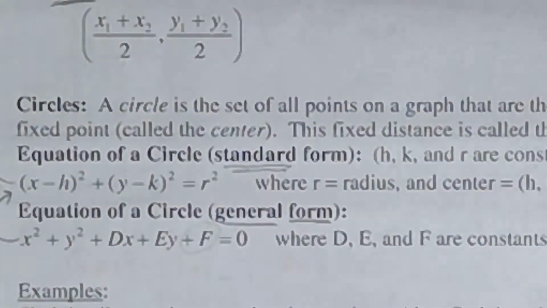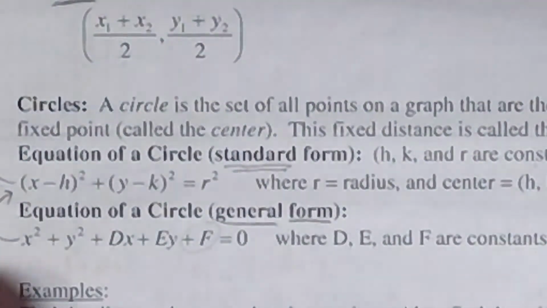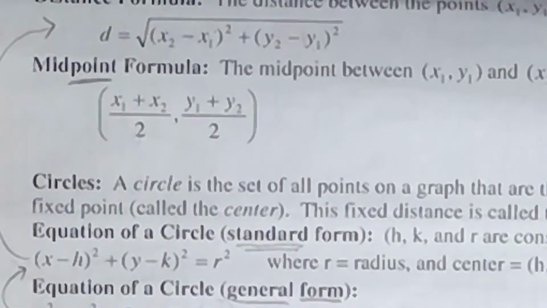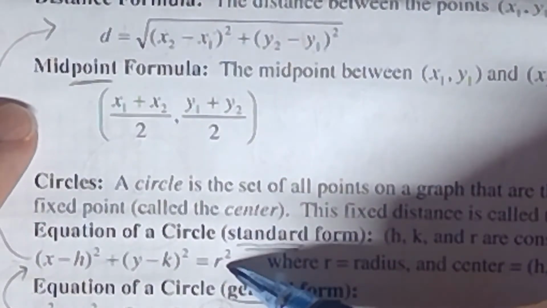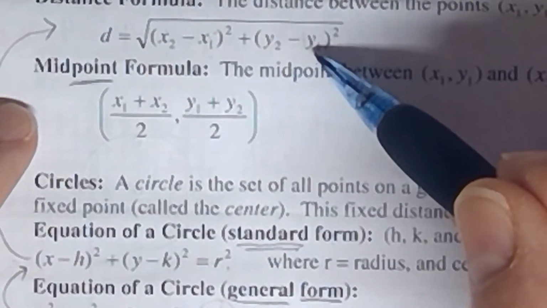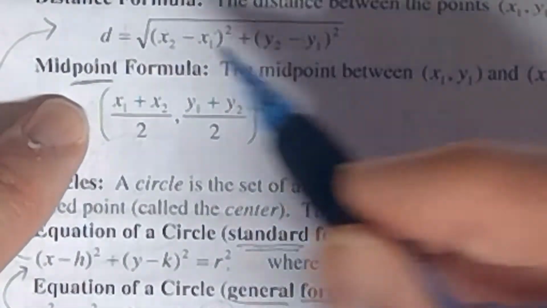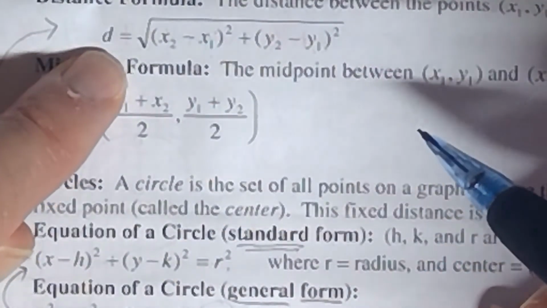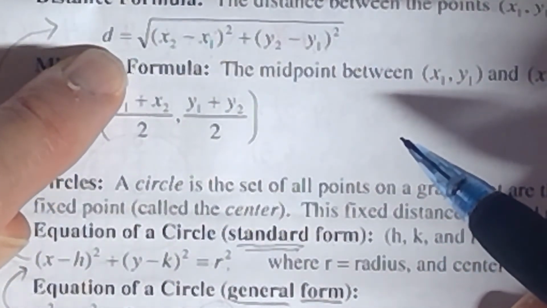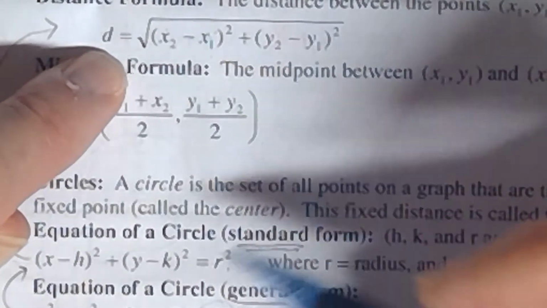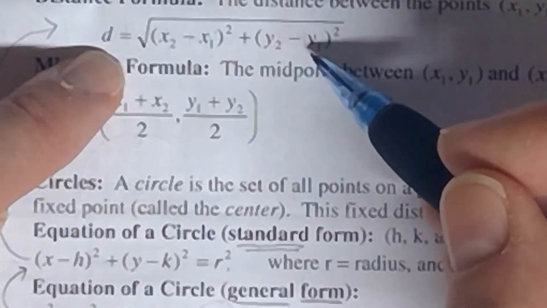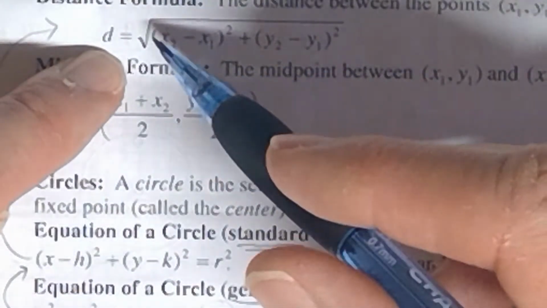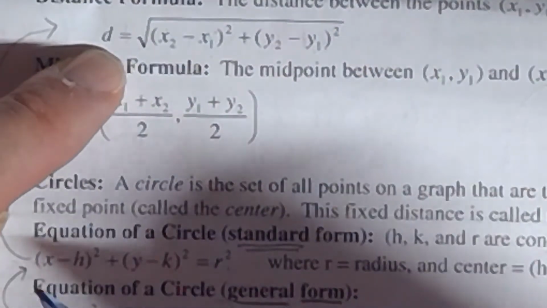Now what I want you to notice as we move further in the circle discussion is this equation here. It says that this is the equation of a circle. There's a close relationship between this and this. You'll notice that if I change the D to an R, like I have an R down here, and then I square both sides of this formula, which would then get rid of the radical, it'll look very similar to this.